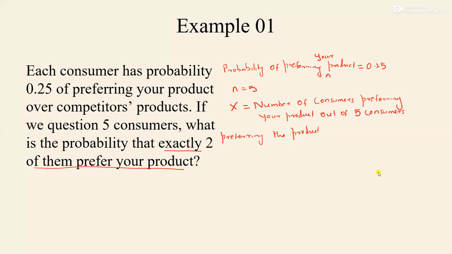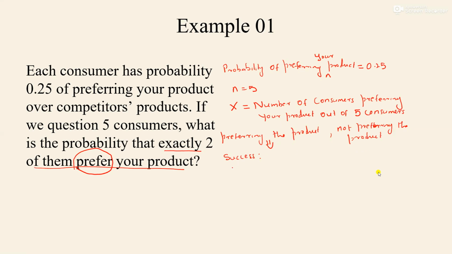When we ask the consumer, they will answer that they prefer the product, or they can answer that they do not prefer the product. Here we are looking at the probabilities related to preferring, so we take this as a success. Success is preferring the product, and this is the failure, right?